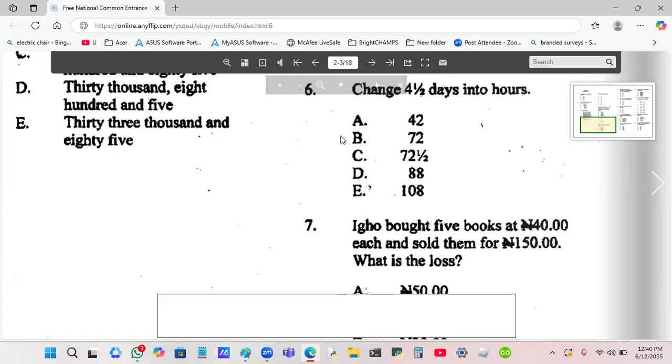Sorry, I meant 20. So the answer is 200. So cost price is actually 200 naira.